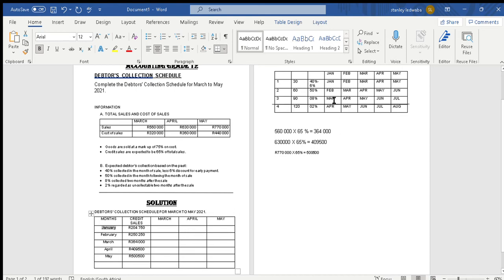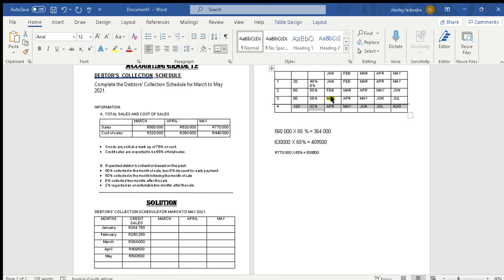Okay, here is January, right? On January we must collect for March. Let me highlight it. We must collect for March, and I said 2% is written off, meaning these ones we are not considering them.